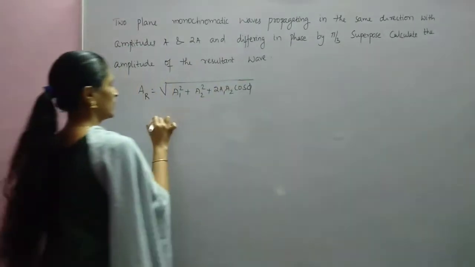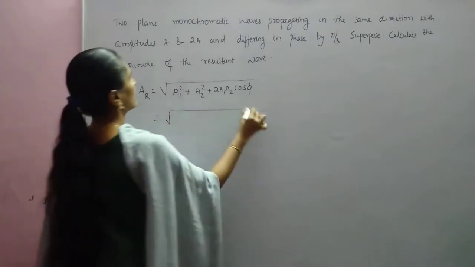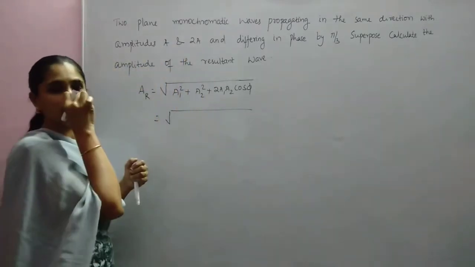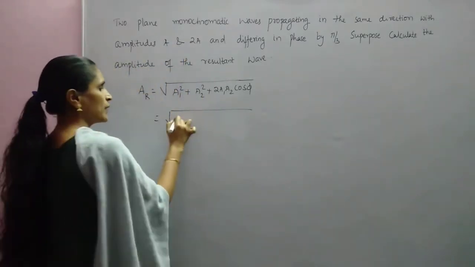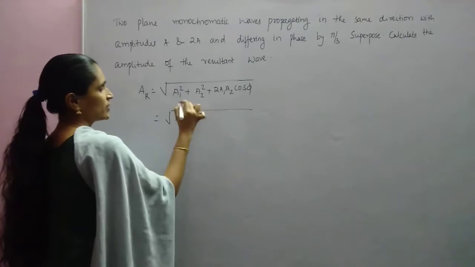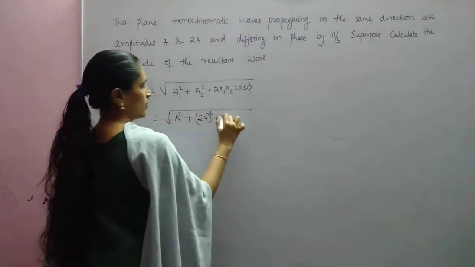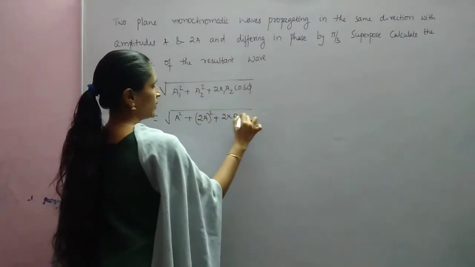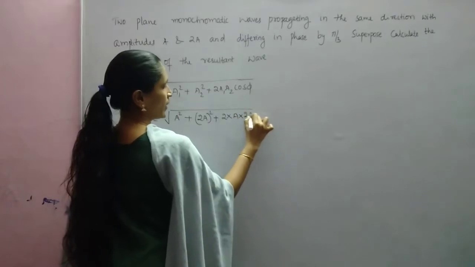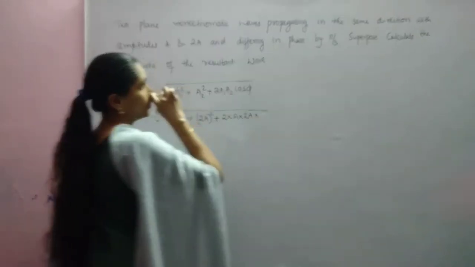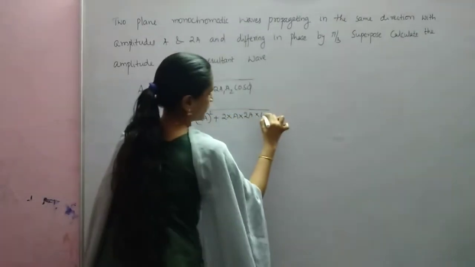So here, what is the value of A1? The amplitude of the first wave is A and the amplitude of the second wave is 2A, plus 2 into A into 2A into cos pi by 3.